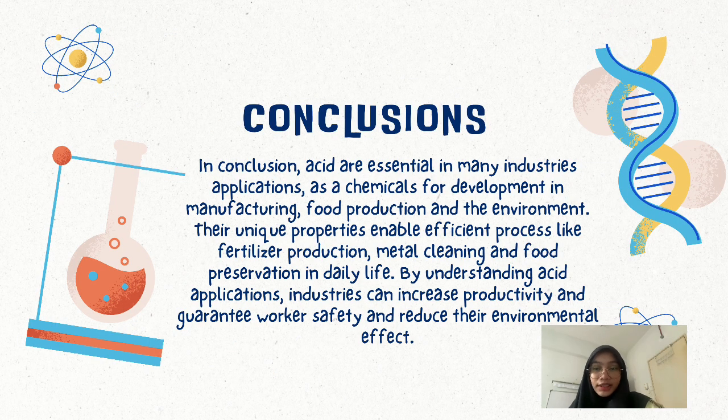In conclusion, acids are essential in many industrial applications as a chemical for development in manufacturing, food production, and the environment. Their unique properties enable efficient processes like fertilizer production, metal cleaning, and food preservation in daily life. By understanding acid application, industry can increase productivity and guarantee worker safety, and lastly reduce the environmental effect.